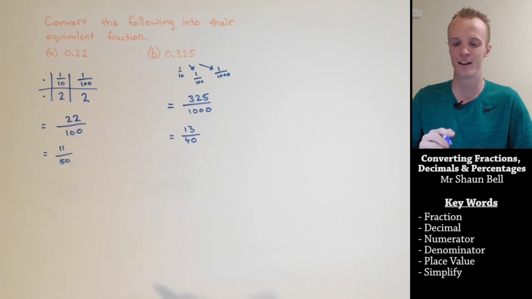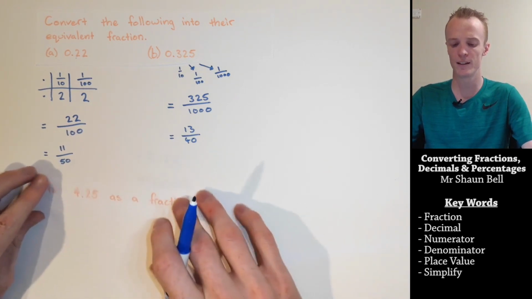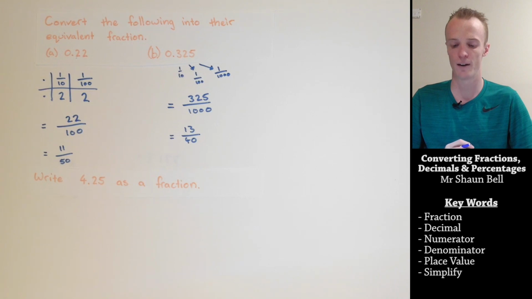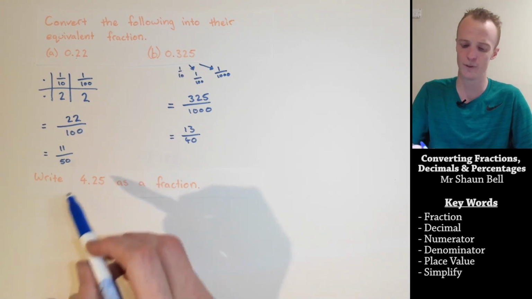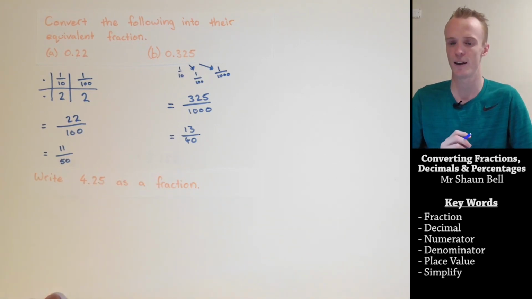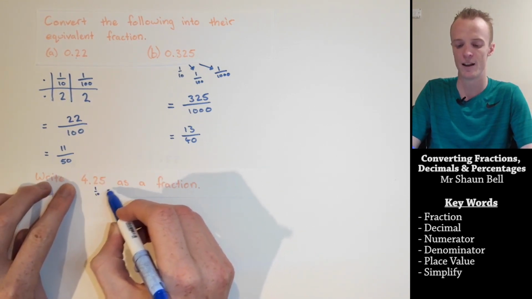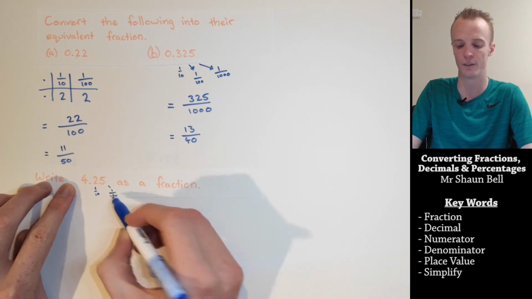So that's all fine if we've got a decimal that's less than 1. But what if we've got a decimal that's greater than 1, such as 4.25? Well, we initially just focus on the decimal place values. So this is going to be our tenths, and this is going to be our 1 over 100ths.